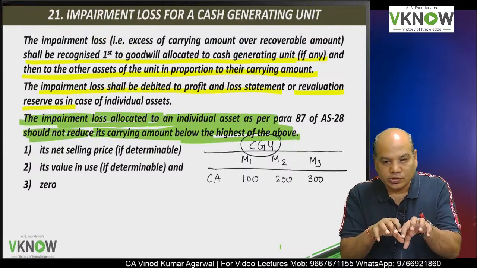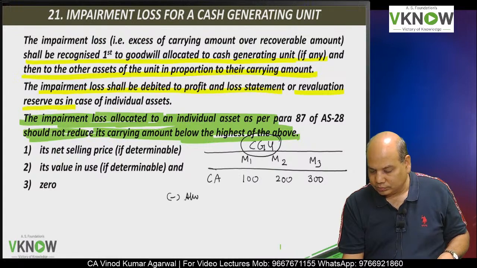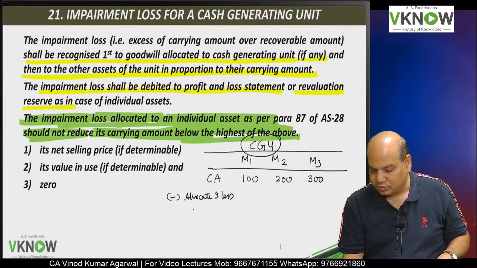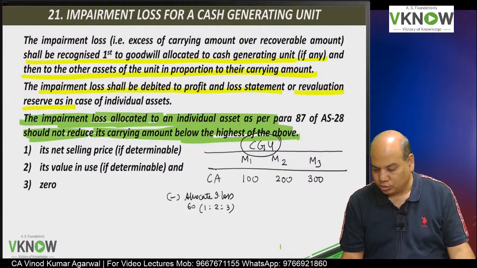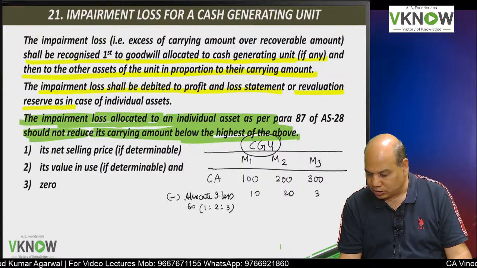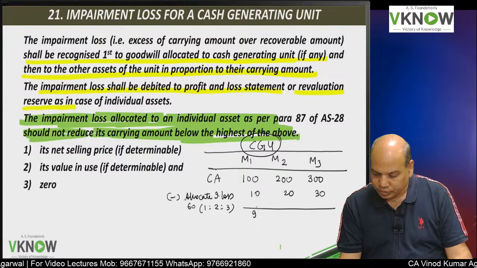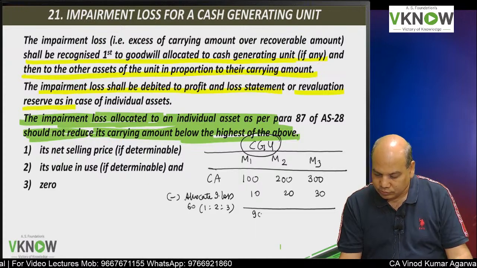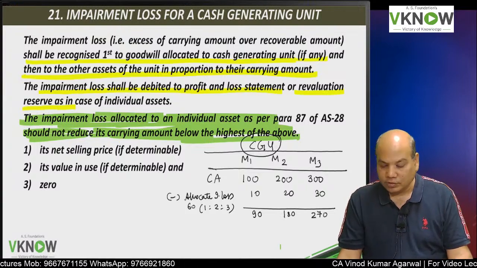So if a CGU has many assets, we will allocate the impairment loss 60 in the ratio of 1:2:3. So that should come to 10, 20 and 30. After impairment loss, the carrying amount will become 90, 180, 270, correct? But there is a problem.